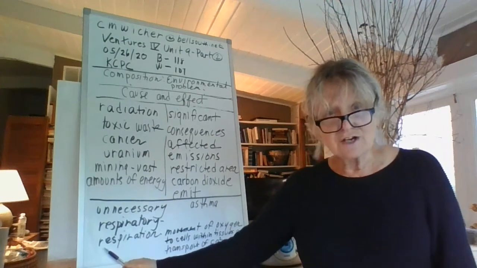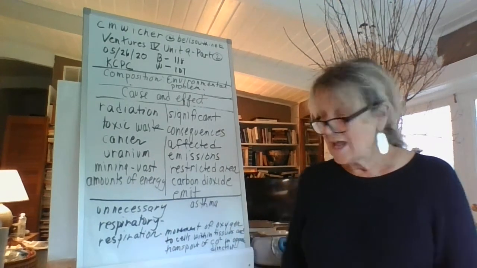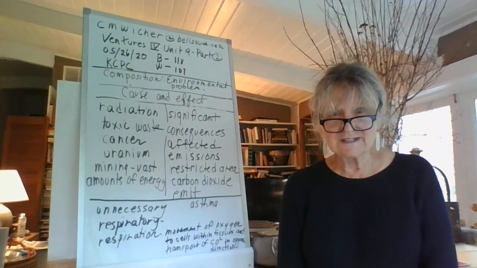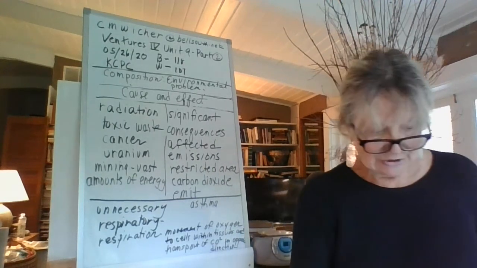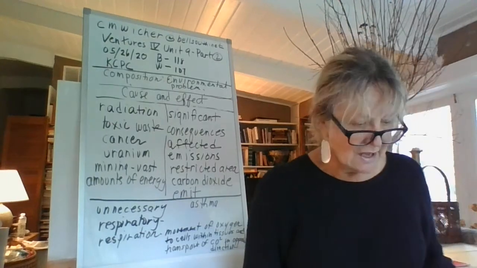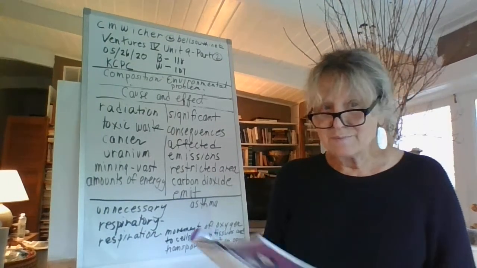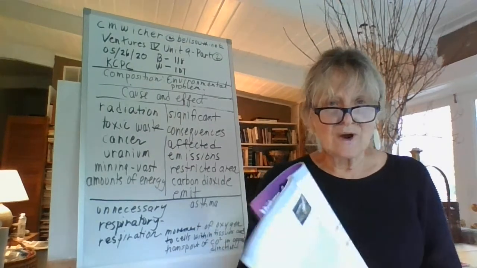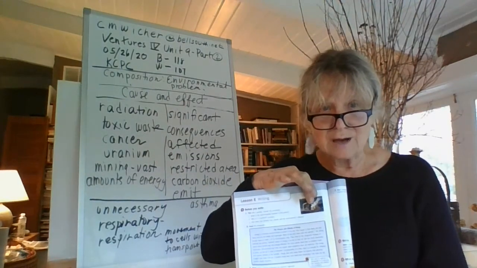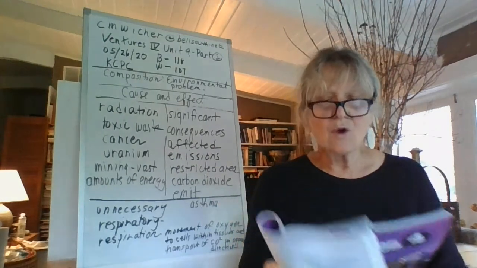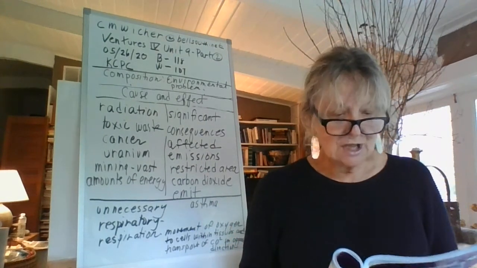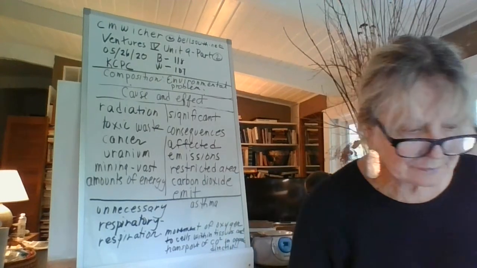This is called what? Respiration. And the system is the respiratory system. What is it? Respiratory system. Okay, so the homework would be to write a composition about what is the environmental problem in this photo, why is it a problem, and how does this problem hurt people and the environment.